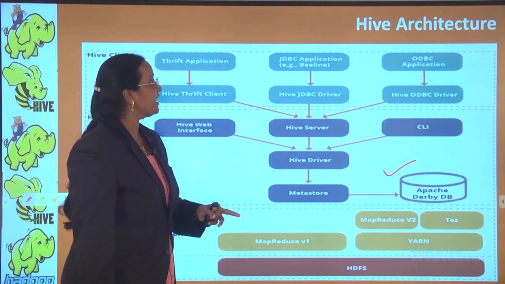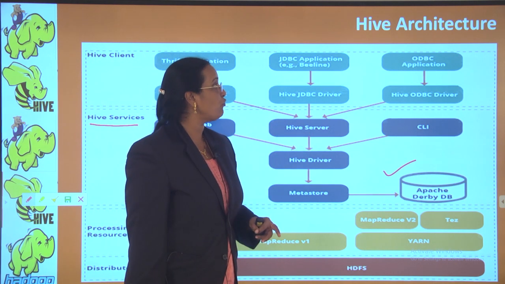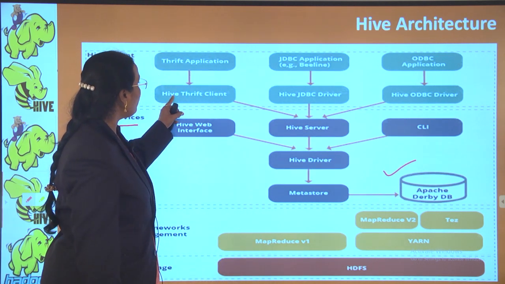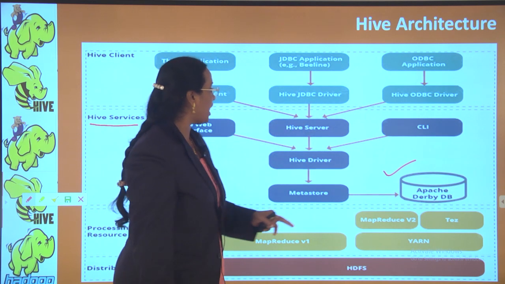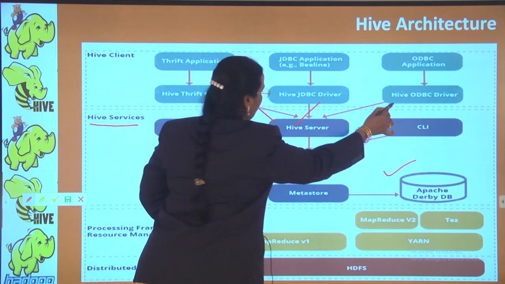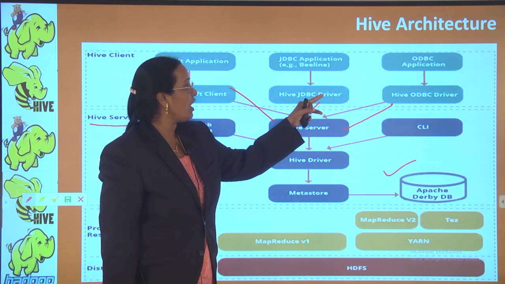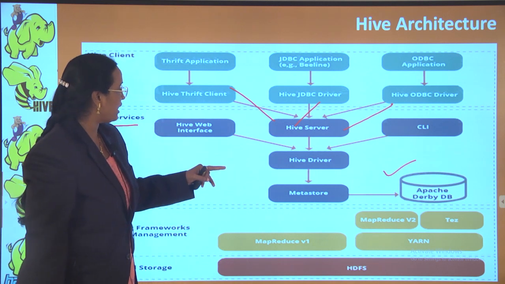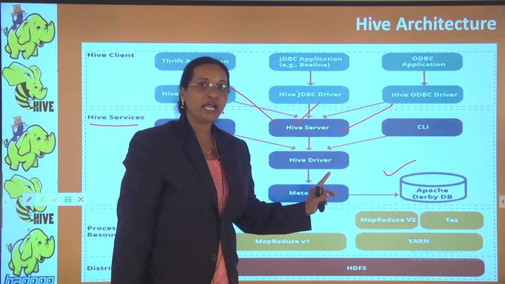If you use a JDBC application, it makes use of the Hive JDBC driver, and if you use an ODBC application, it makes use of the Hive ODBC driver. But the Hive Thrift client, Hive JDBC driver and Hive ODBC driver, all 3 will connect to the Hive server only.